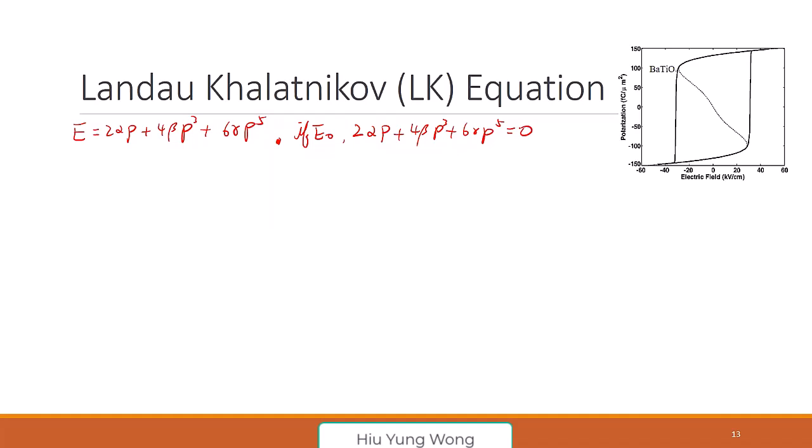We just solve the equation, right? So this becomes p times 2 alpha plus 4 beta p squared plus 6 gamma p to the power 4 equal to 0. Okay? Now, can you tell me, if alpha is larger than 0, how many real solutions do I have?